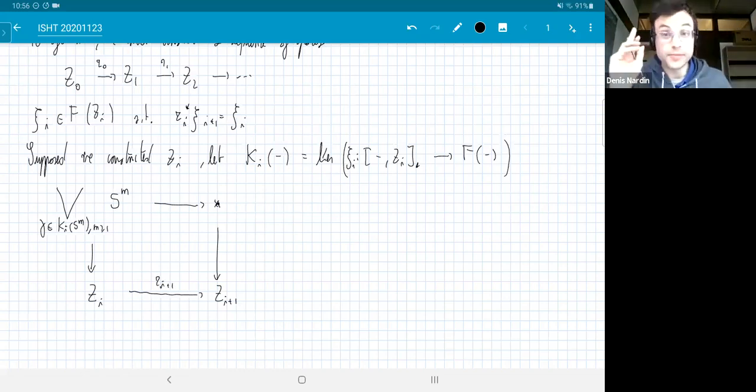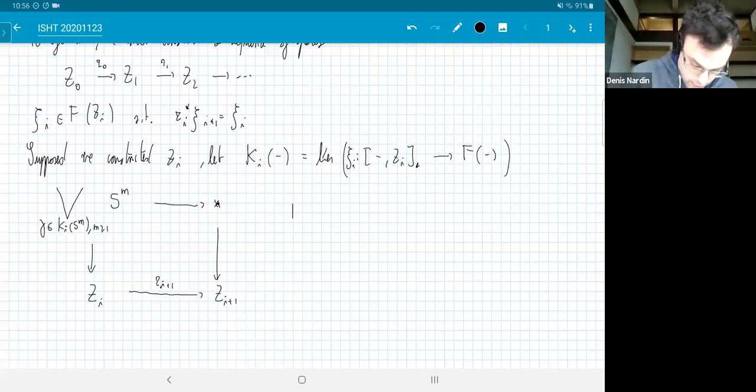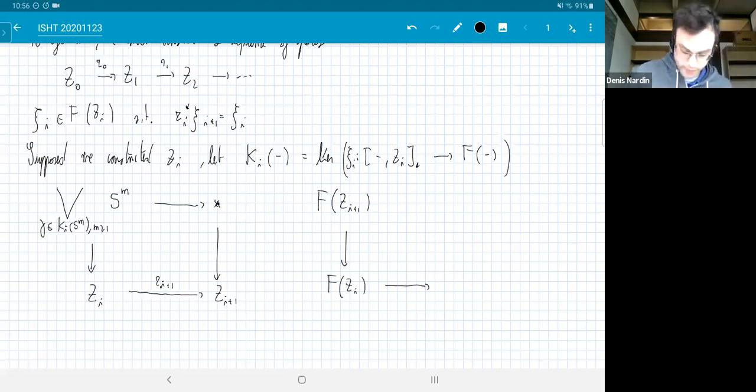But we are not done yet. Be very careful, because I haven't lifted psi i. So remember, let's look at what happens with F here. Z i plus 1, F of Zi goes into this product over gamma of Sn, goes to 0.